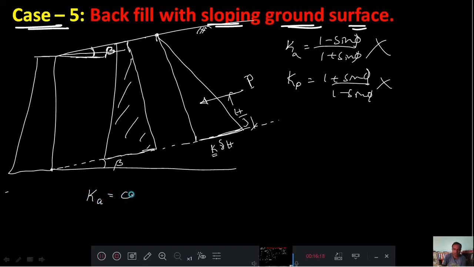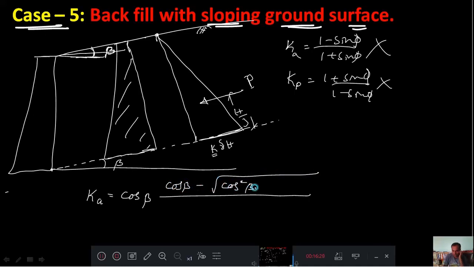that Ka is equal to cos beta into cos beta minus square root of cos square beta minus cos square phi, divided by cos beta plus square root of cos square beta minus cos square phi.